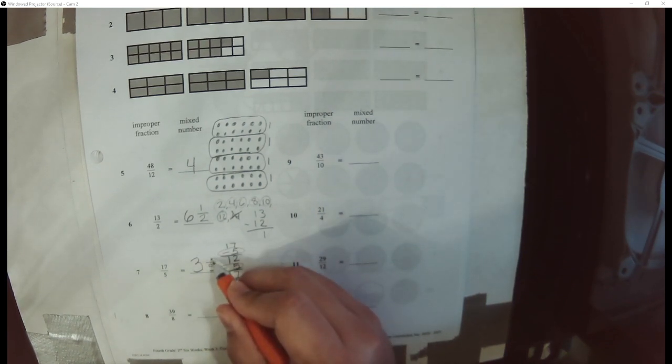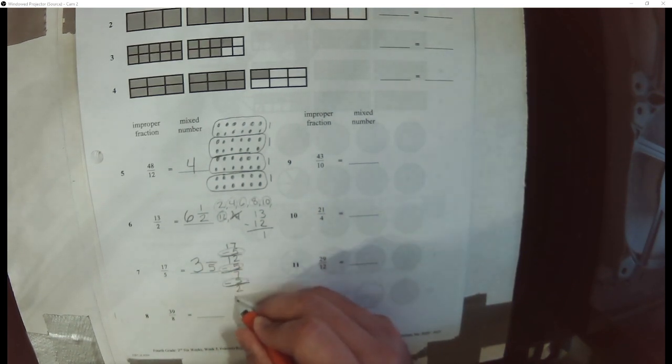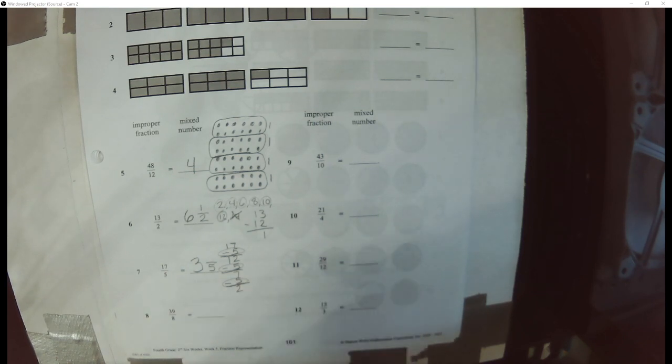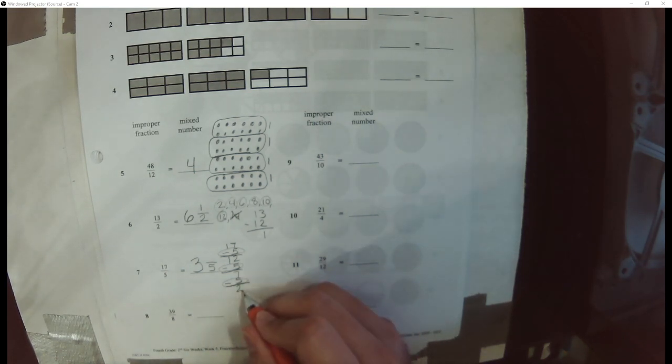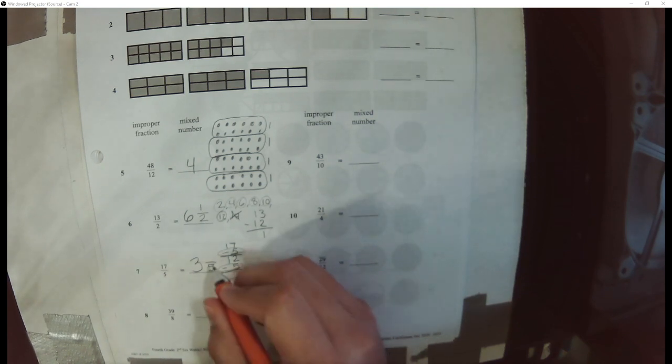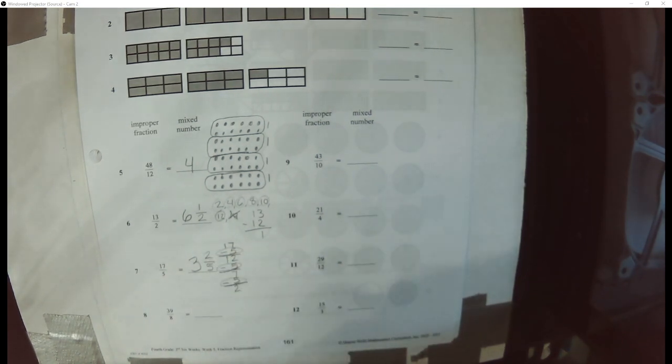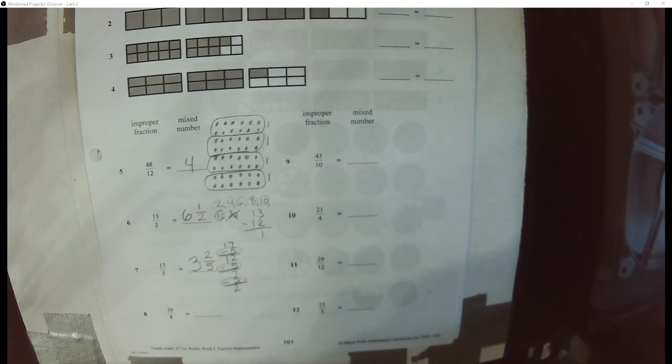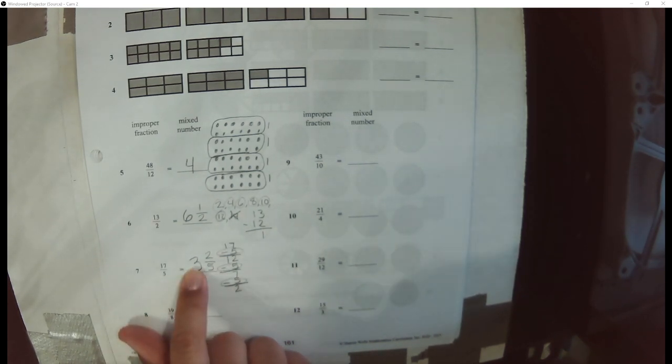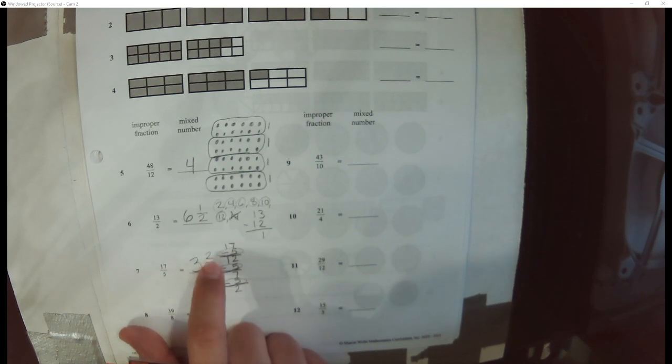Your numerator is whatever number you ended up with. Whenever you stopped subtracting, whatever your answer was, that is your numerator. Since I ended up with 2, my numerator is 2. So my answer would be 3 and 2 out of 5.